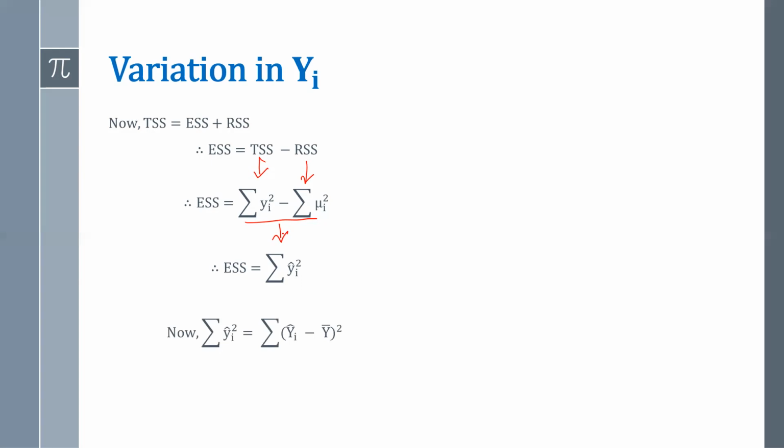Now, summation yi hat square is equal to summation of capital yi hat minus y bar whole square. As I said, this is the deviation form. So therefore, summation yi hat square is equal to alpha hat plus beta hat xi, this is the value of yi hat, minus y bar whole square.